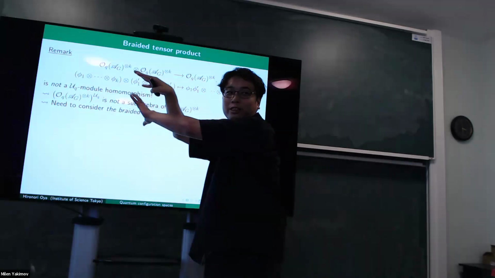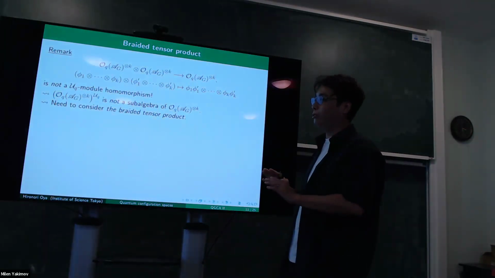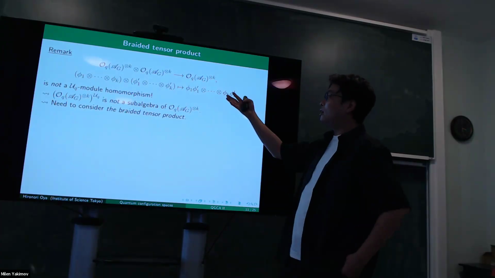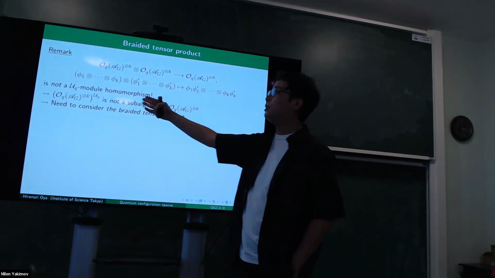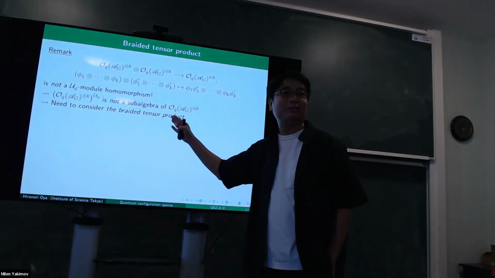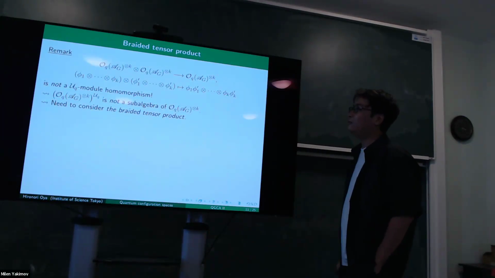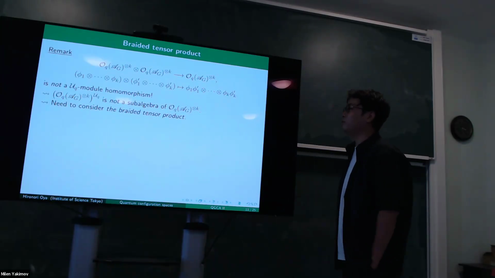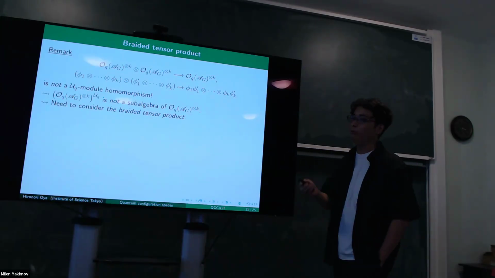The usual multiplication is not a UQ module homomorphism, so this invariant part is not a subalgebra. So we need to modify the multiplication. It's very interesting.